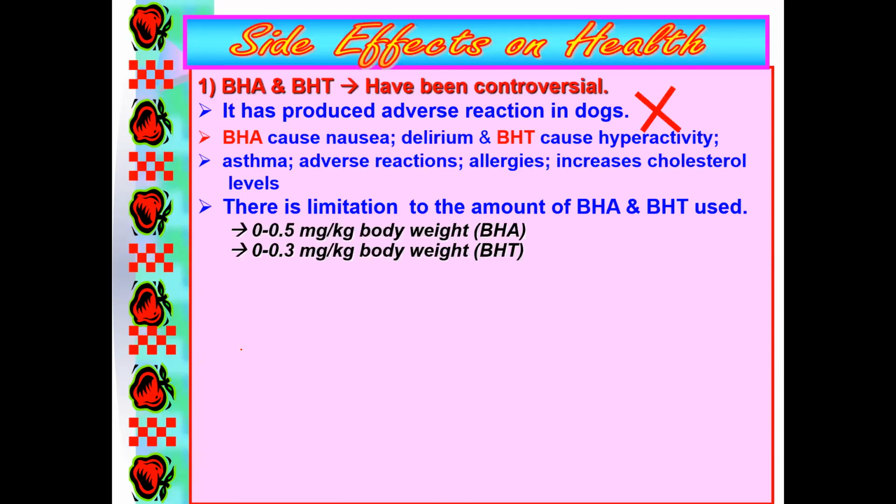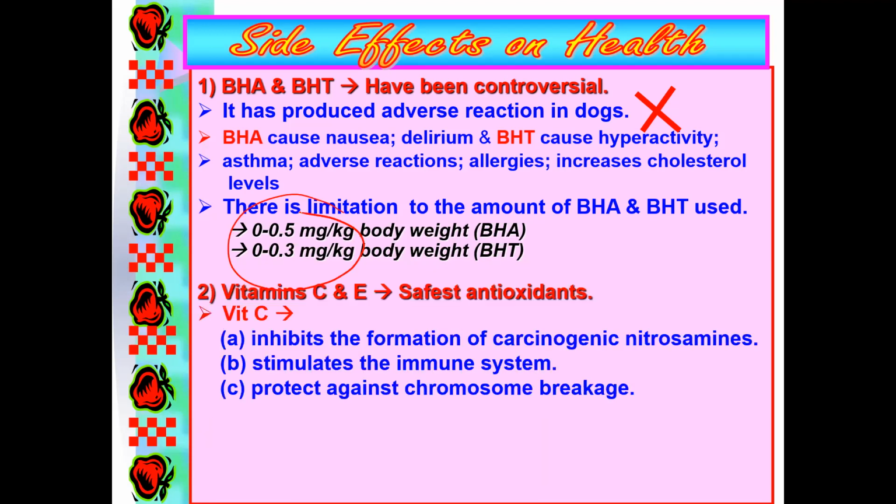So let's see. BHT and BHA have been very controversial because of adverse reactions in dogs, not even human beings, dogs. It causes nausea, delirium, hyperactivity, asthma, all these adverse reactions. So you must always check if your margarine has BHA, BHT. This is the amount that our body should take only. If you get more, be careful. The safest antioxidants that you have are vitamin C and vitamin E. They won't allow the carcinogenic nitrosamines to form.